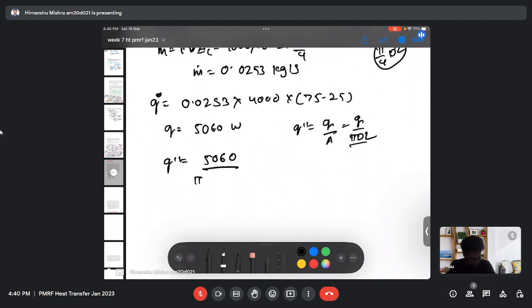So my heat flux will be 12.682 kilowatt per meter square. So this is my heat flux.